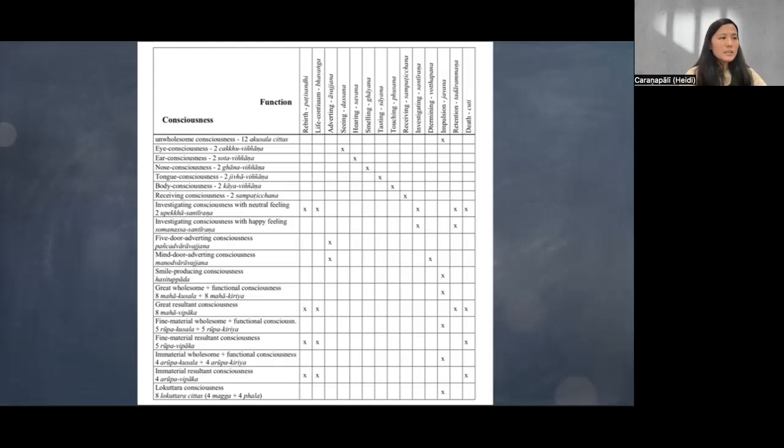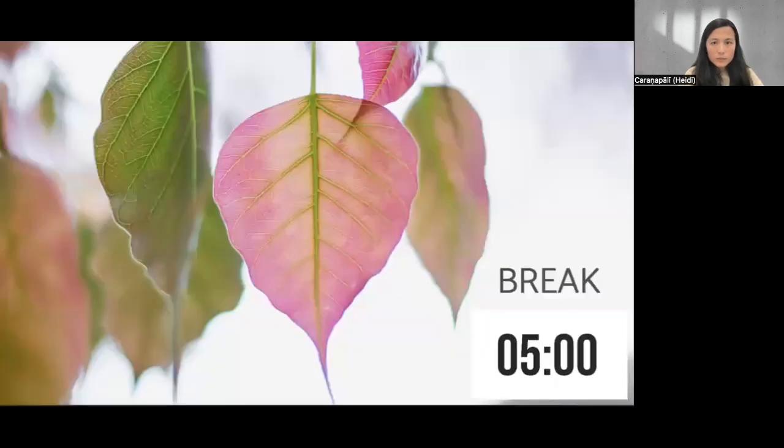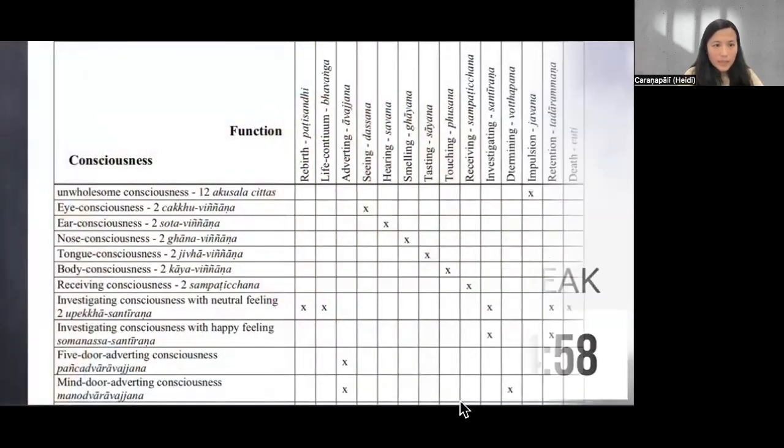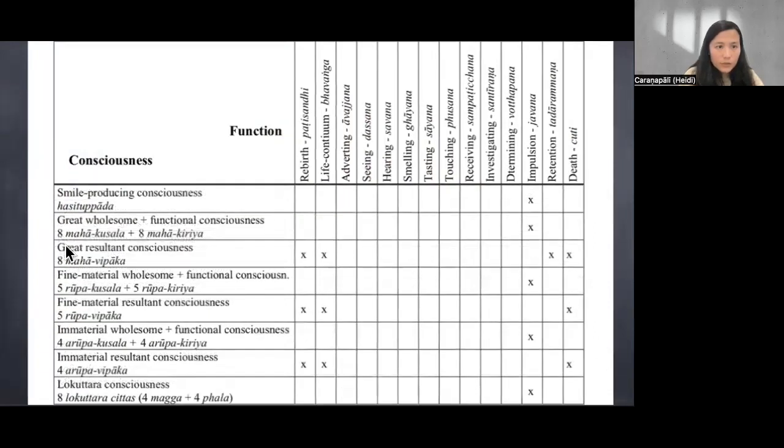Sorry, I don't understand your question. It can, because it is a wholesome citta, no? Let's go back to this graphic. If you look at the fine-material or immaterial wholesome cittas, they are actually kusala cittas.